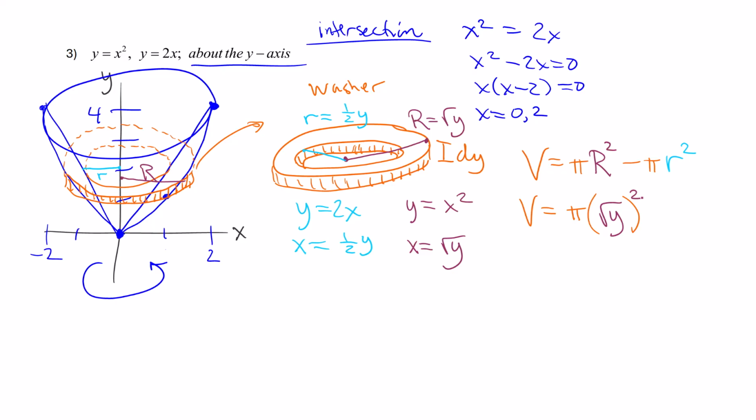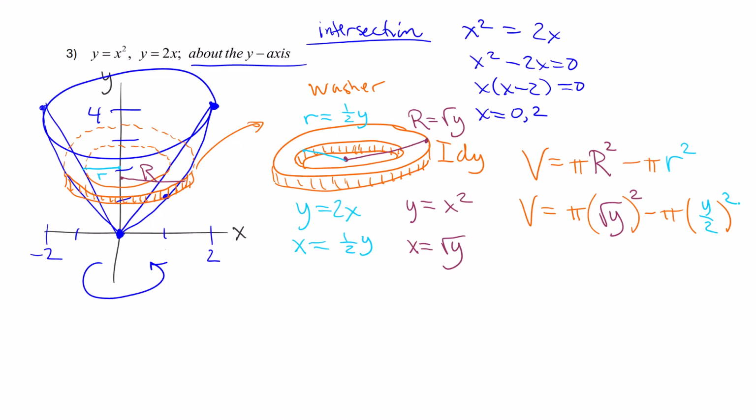Now we've got to say minus pi times lowercase r, so the smaller radius, which again we already defined as r equals 1/2 y. So that's going in as 1/2 y, or you could say y over 2. That's easier to write, same thing. And then we're going to square that for that radius.